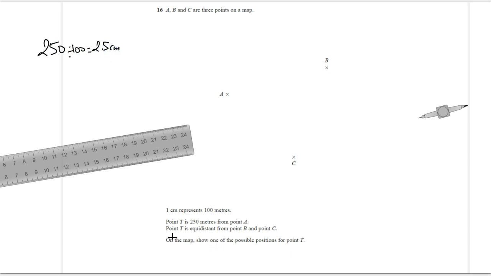So the first thing I'm going to do is the second line where it says equidistant from B and C, right? First thing I would like to do is join B to C with a straight line. Okay, and then I will grab my compass.